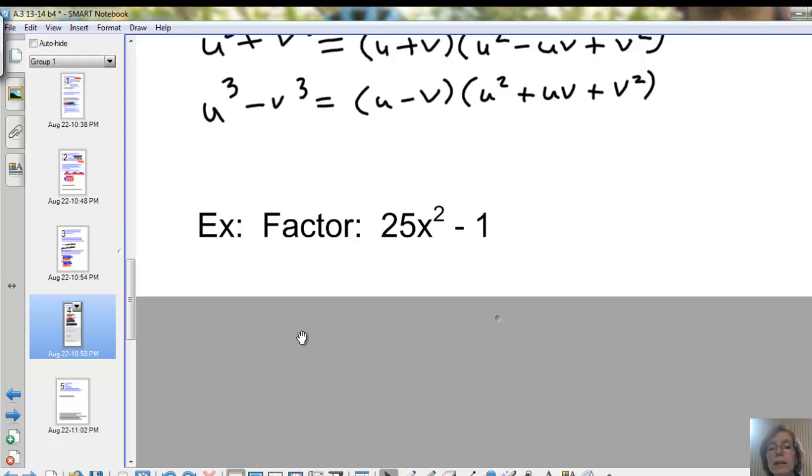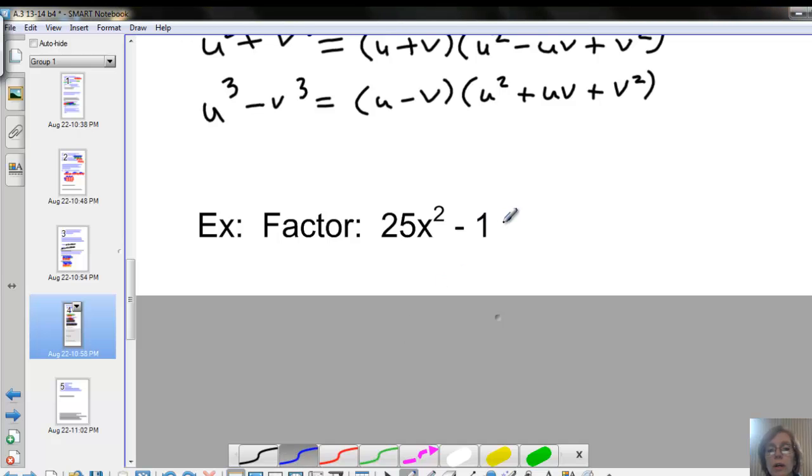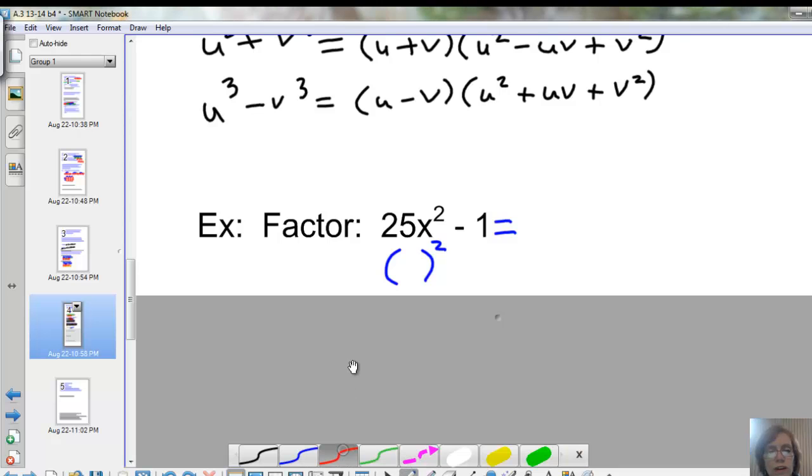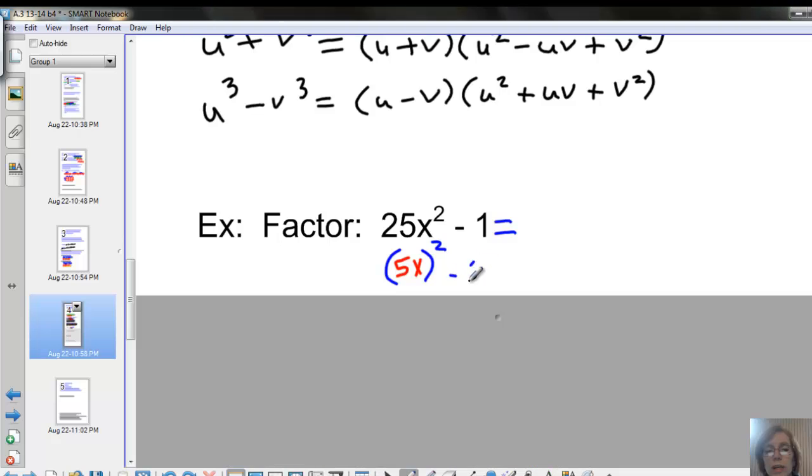First one is 25x squared minus 1. First thing you notice, there are no common factors between these two terms, but it can be factored by using difference of two perfect squares. So what do we need to square in order to get 25x squared? Well, we would need to write it as 5x quantity squared. And what would I need to factor in order to get 1?